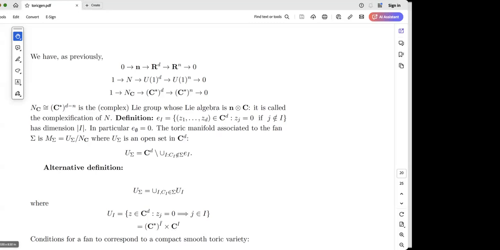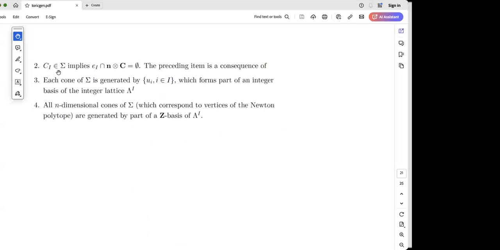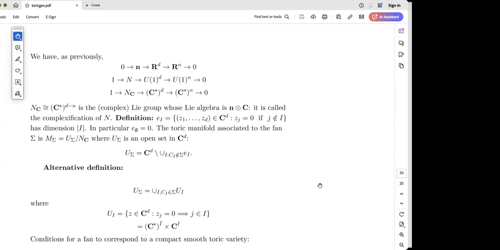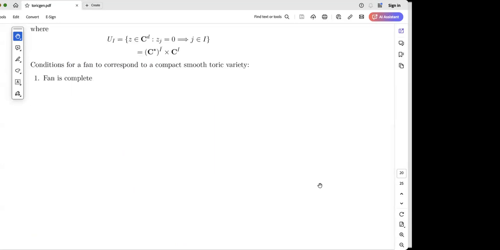So the condition for a fan to correspond to a compact smooth toric variety is that you need the fan to be complete, so it covers the entire plane.